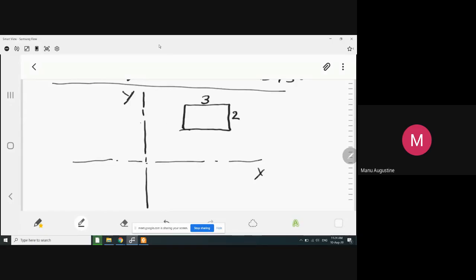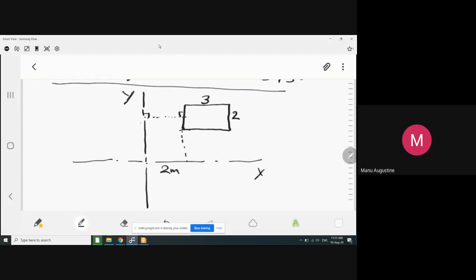Now most of you would immediately say that I can take an imaginary perpendicular distance from this. So the shortest distance that the rectangle is placed at from the y-axis is this. So let us say this distance is 2 meters.